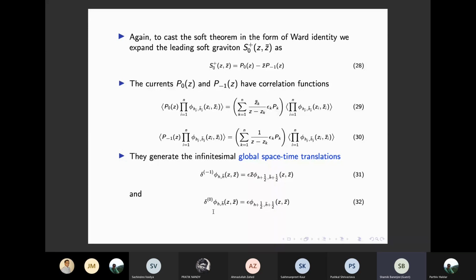And similarly delta minus 1 acting on phi h h bar just gives you this, so you don't have any factors of Z bar. What we have done is compute the residue of the pole at Z equal to Z ksa, and that gives you these global transformations.